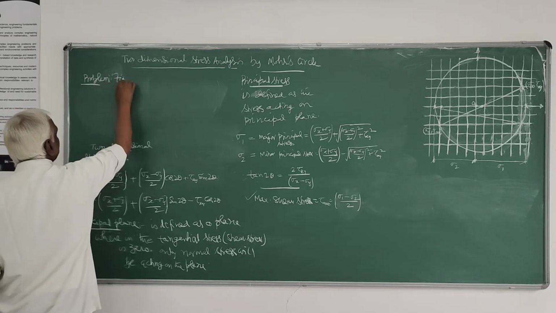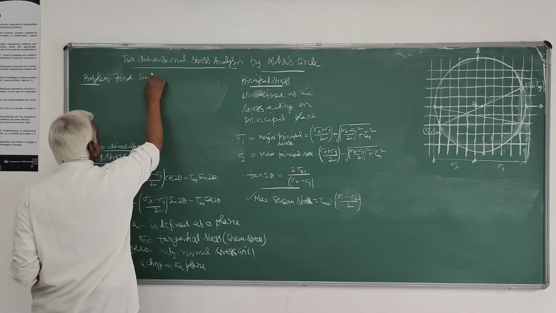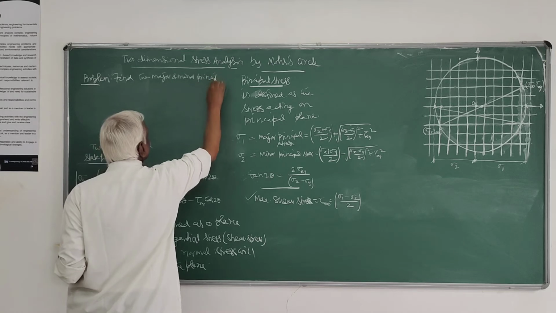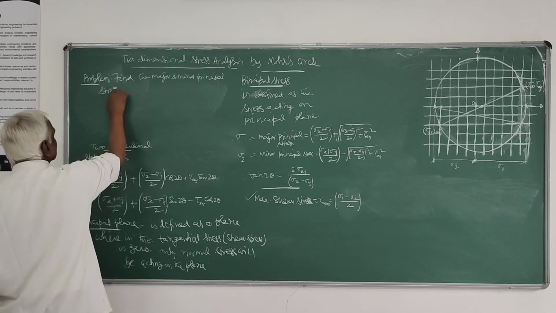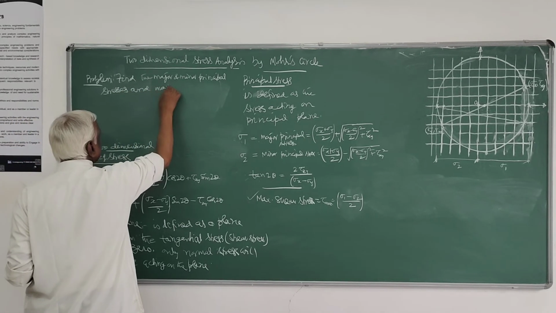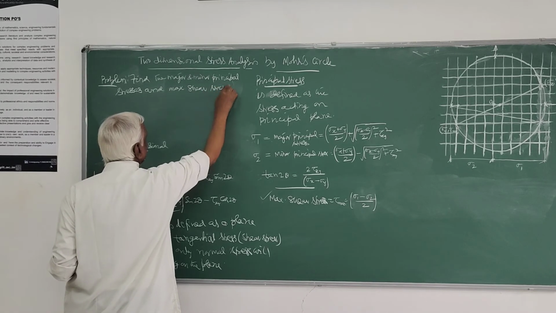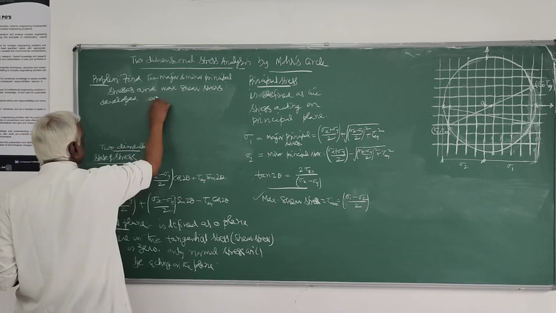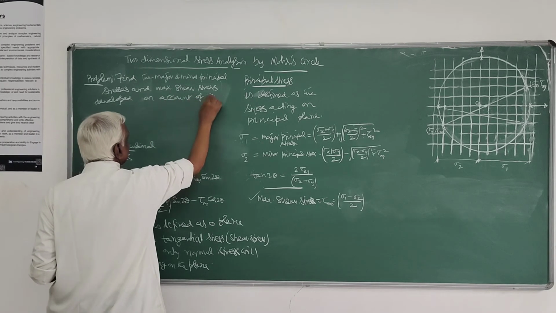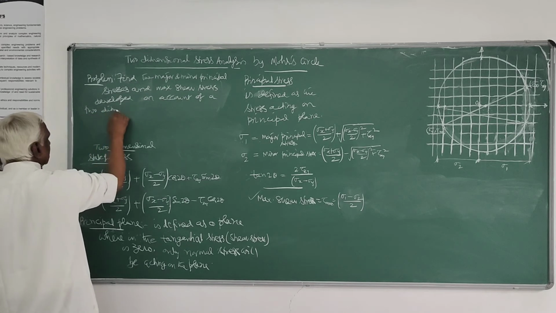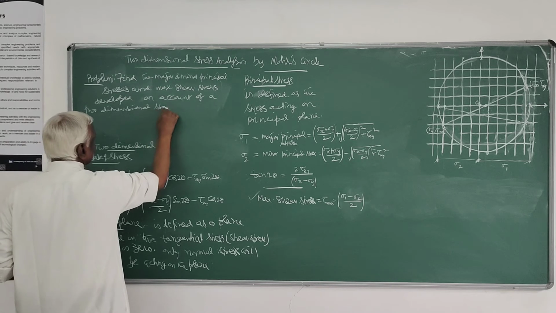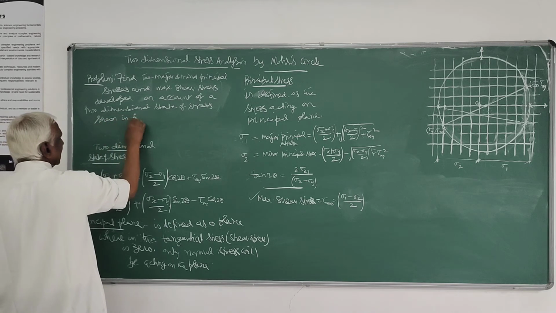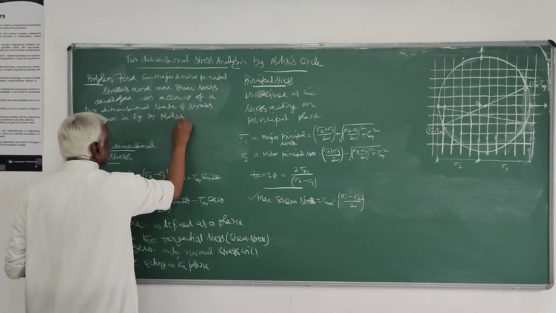Find the major and minor principal stresses, and maximum shear stress, developed on account of a two-dimensional state of stress shown in the figure, by Mohr's circle.